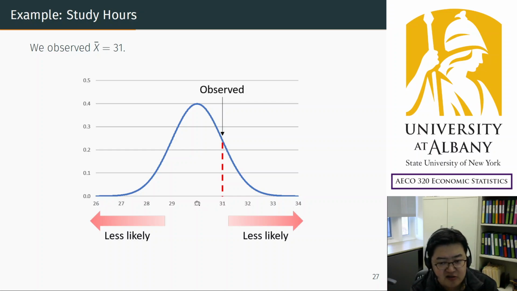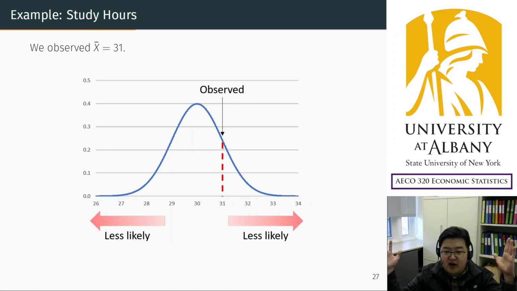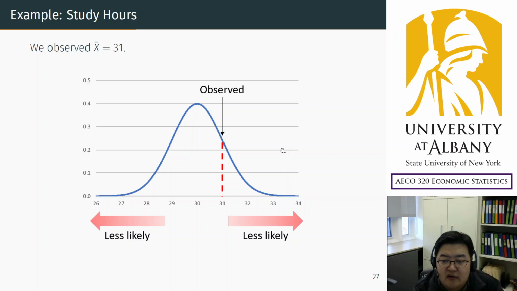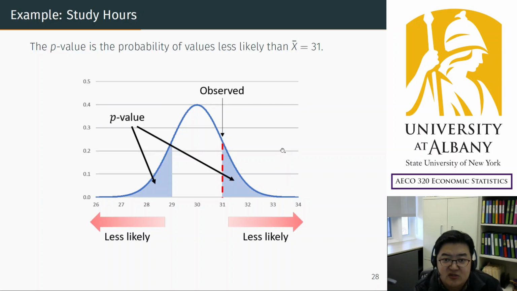It's not exactly 30, it's different from 30, but how far is that? So then, as I said, we are going to rank how unlikely this observation is from the outside. That is calculated this way.